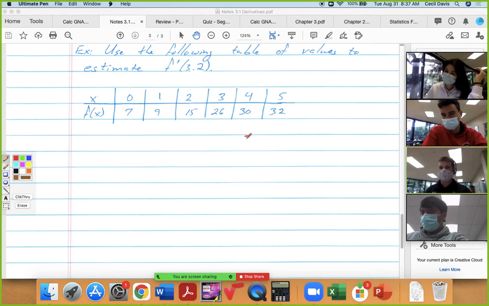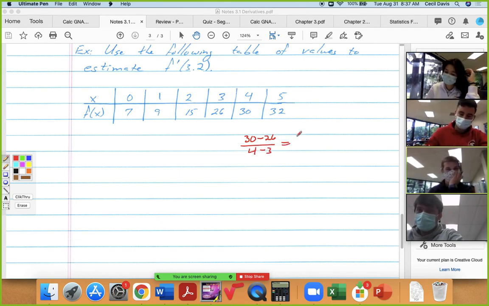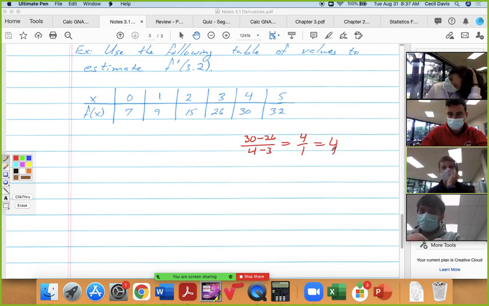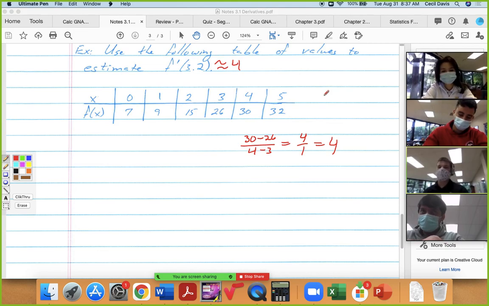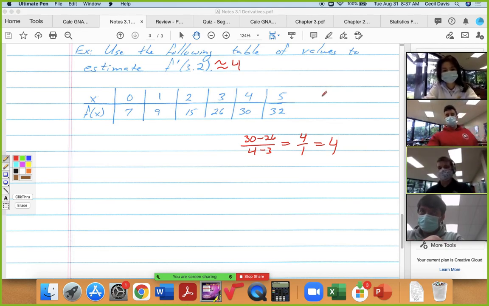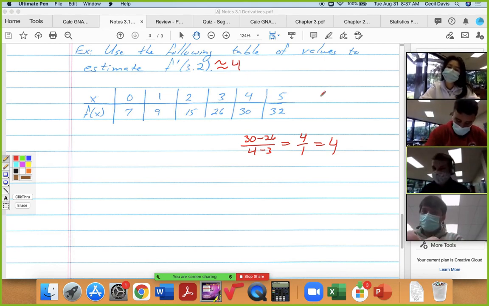So we had 30 minus 26 over 4 minus 3 is 4 over 1, which is 4. It's approximately 4. Okay? That's what I was saying. This is an easy problem. Any other questions?